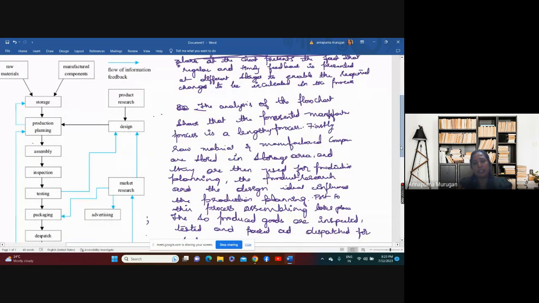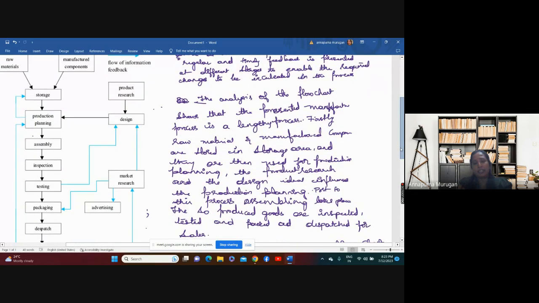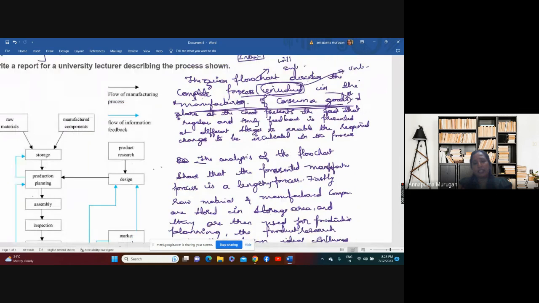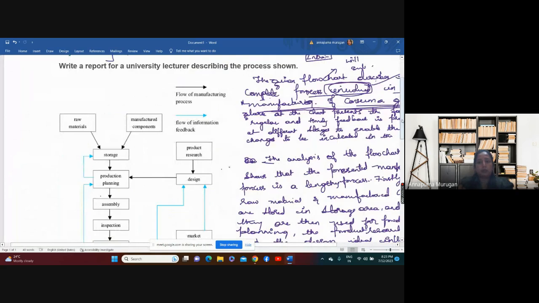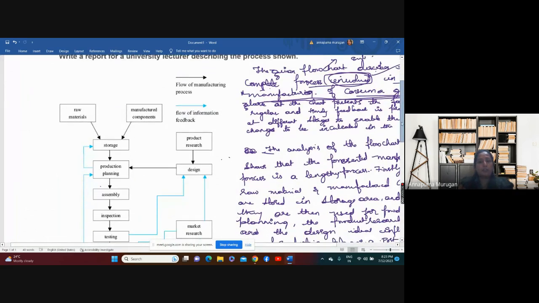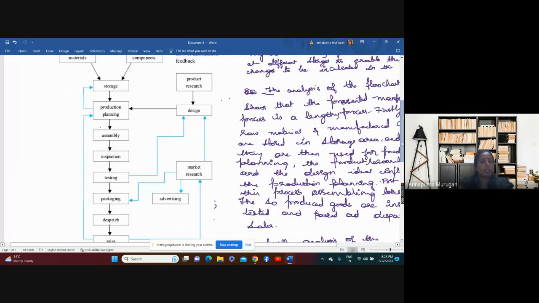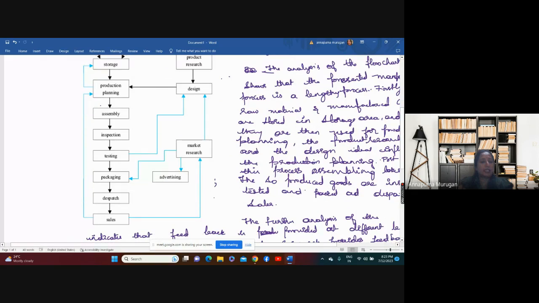So from this, you can see that it is a complete process. We can present any idea that has not been presented in this. In fact, I have presented all of these things.